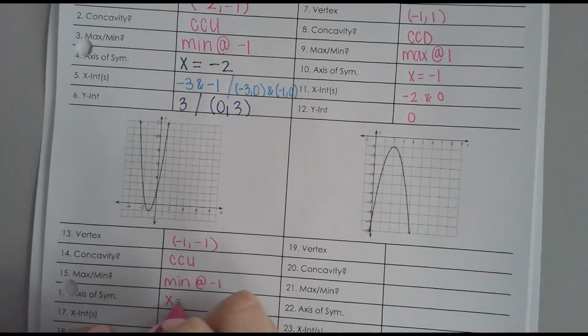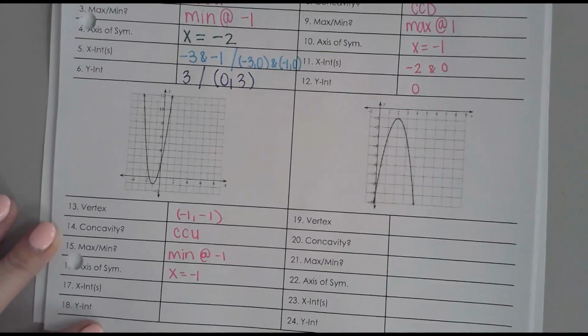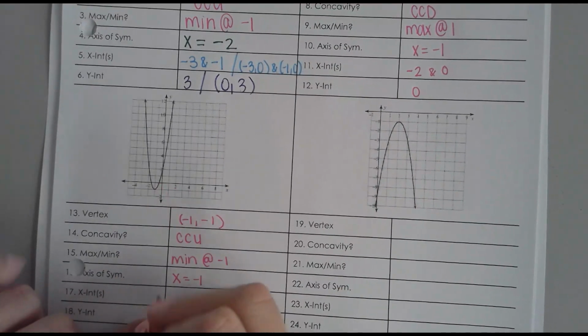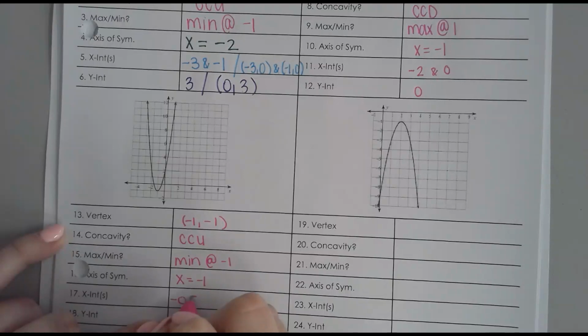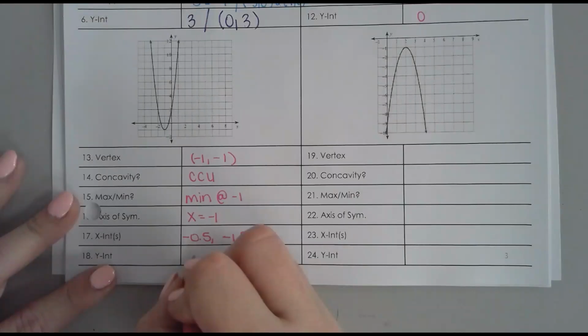Symmetry, x equals -1. Make sure you're putting x equals. X-intercepts, I would say -0.5, -1.5. As long as you're around. At 2.